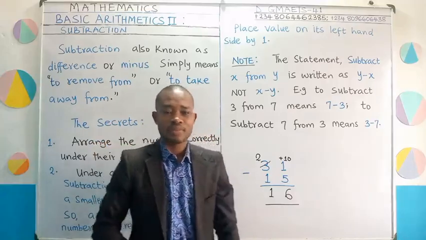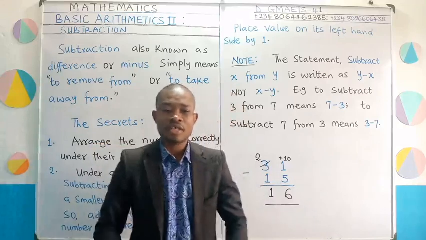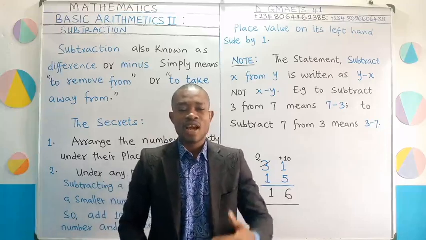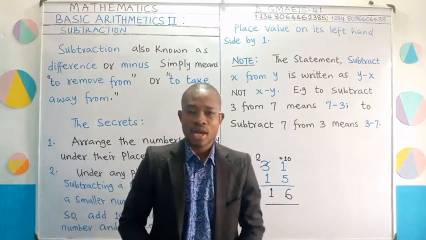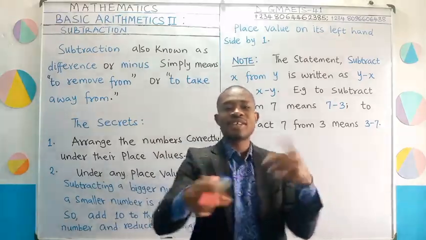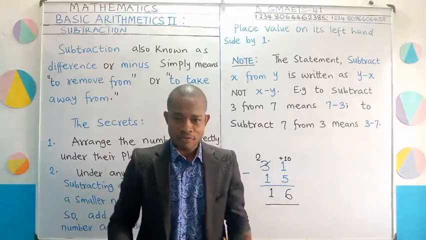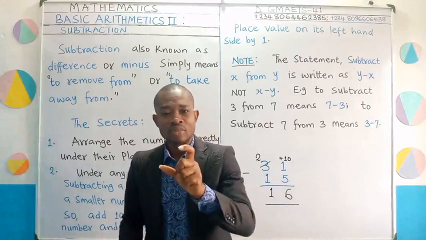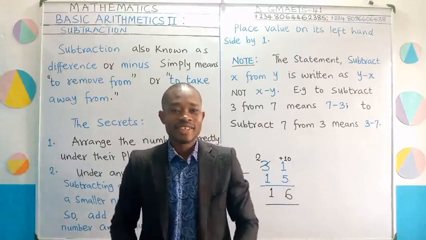Think about this example again. Let us assume that you have 10 sweets, and your friend has, let's say, 17 sweets. And I'm asking you, by how many sweets is your friend's sweets greater than your own? Are you following? Your friend has 17. You have 10.